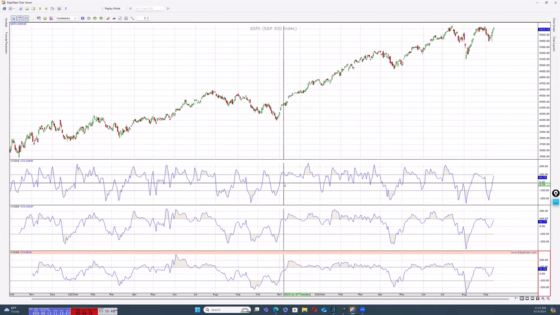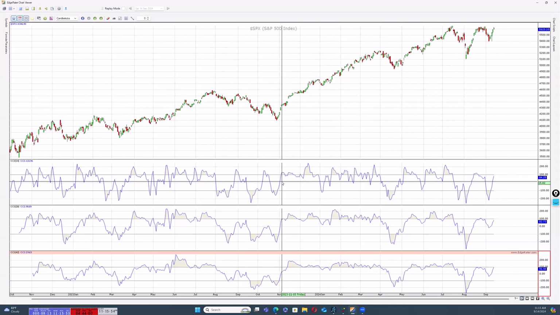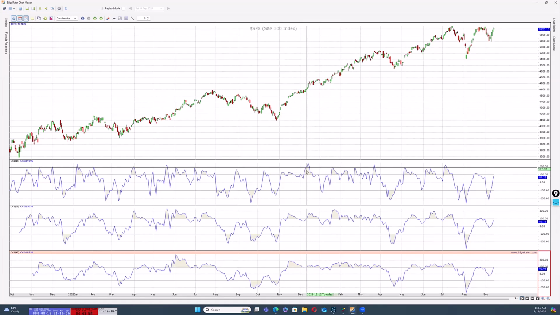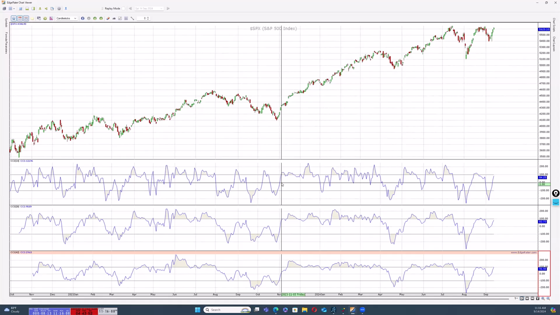So if I were to say, give me an indicator that draws a dot or a line whenever this indicator is above the 0 line. I can also tell it, draw me an indicator when it's above the 100 or the 200. I could do that. But for the most part, I just want to know what's bullish, what's bearish.